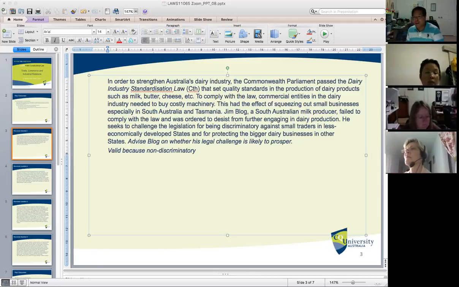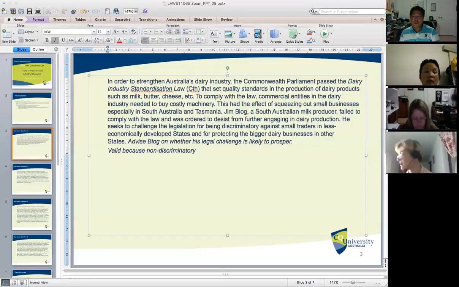Expounding and elaborating on what B has said, is there a head of power on which the Commonwealth Parliament can base its legislation? Or it could be anyone else. So is there a head of power which could be cited by the Commonwealth Parliament to legislate in relation to the dairy industry?